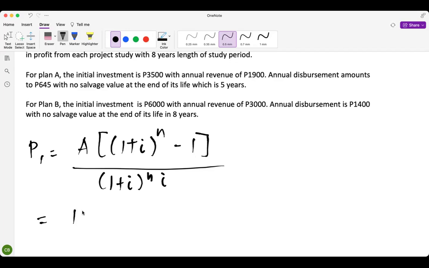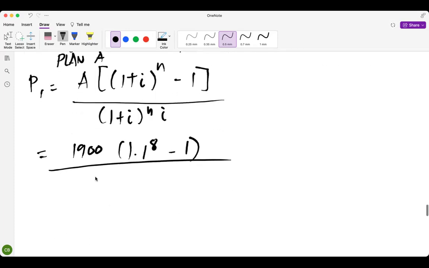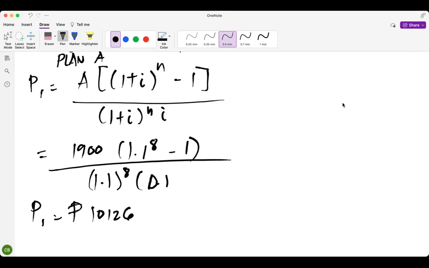You have an annual of 1,900. This is plan A, by the way. 1,900 multiplied by 1.1 raised to 8 minus 1 all over 1.1 raised to 8 multiplied by 0.1. So that would be 10,126.